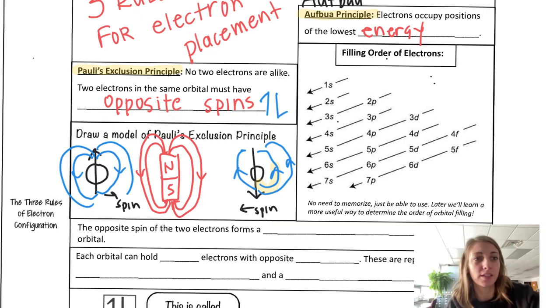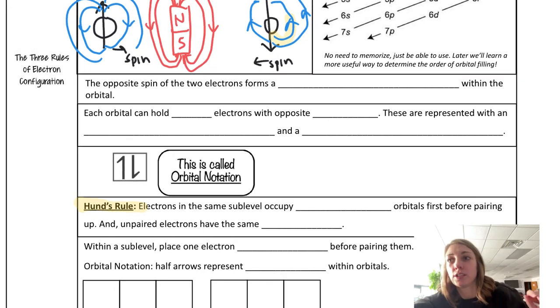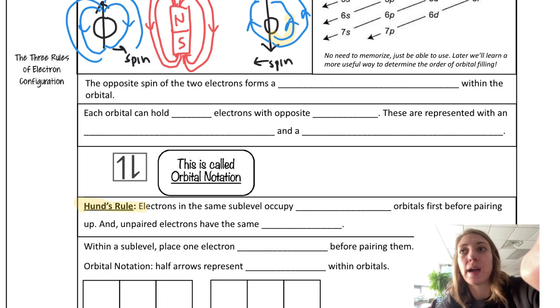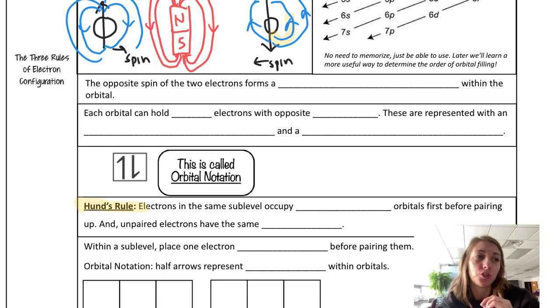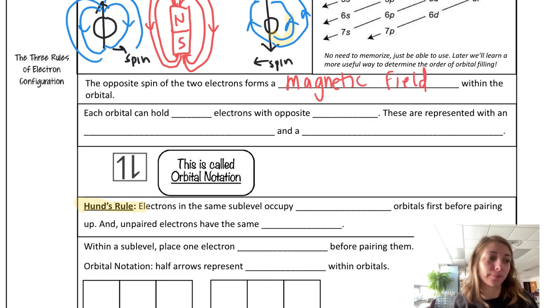Okay, so we've taken care of this, we've taken care of that. Let's look here. Oh, I forgot to fill this one in. This is going back over to the Pauli exclusion principle. The opposite spin of the two electrons forms a magnetic field within the orbital. That's how we know that they have opposite spins.